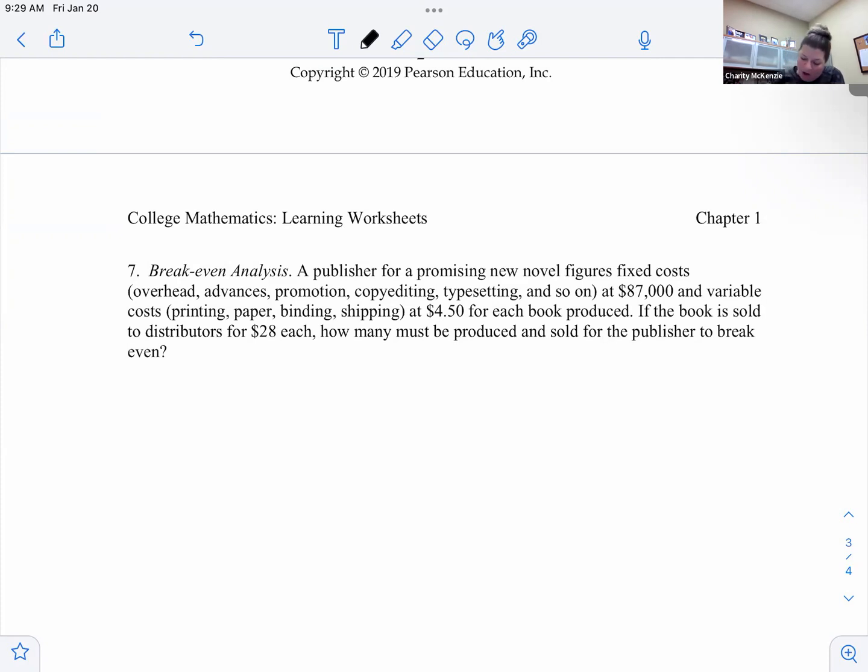Okay, so the book is sold to distributors. So we're looking at costs. And our variable cost has to be multiplied by how many books we have. So I'm thinking just for cost, it's $4.50 per book. So we'll let X be the number of books. So this is per book.